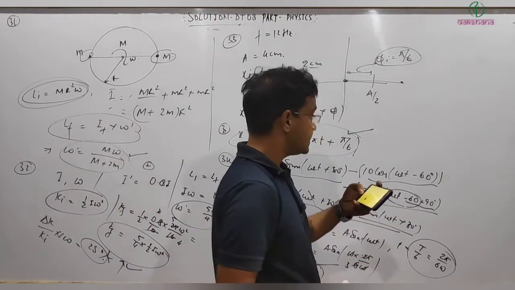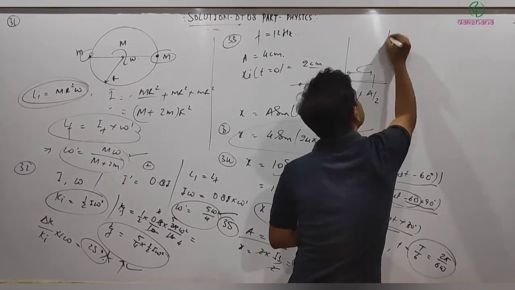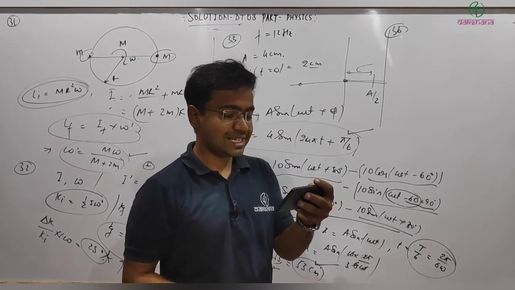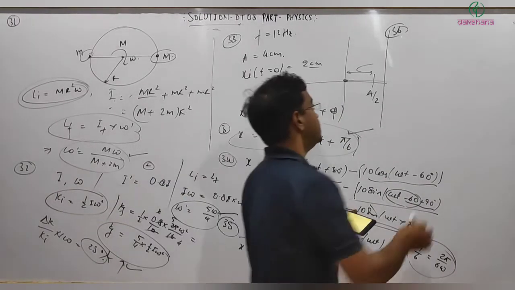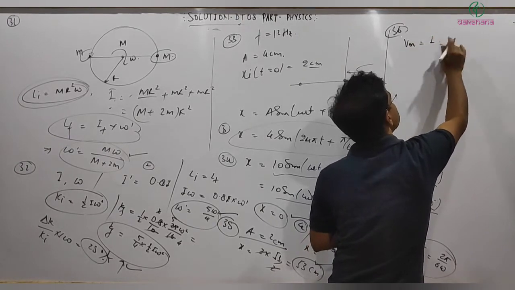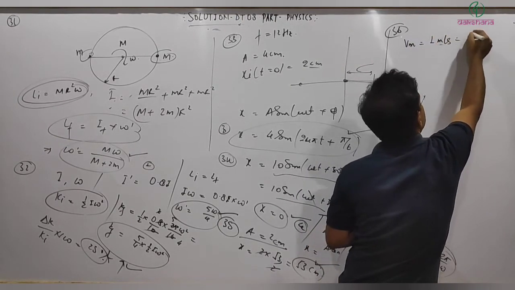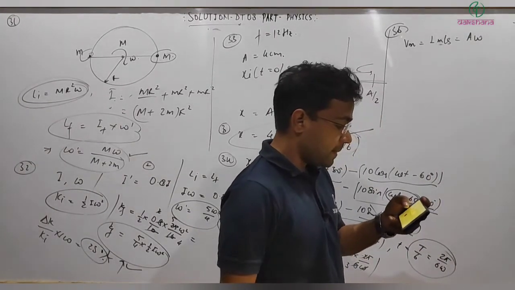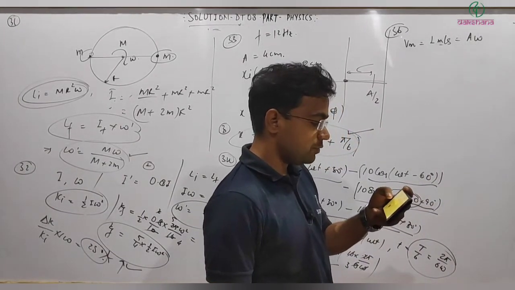Next question number 36. Here it's saying a body executing SHM has maximum velocity, so Vmax is equal to 1 meter per second, and we know that is equal to A into omega, amplitude multiplied by omega, and maximum acceleration of 4 meter per second square.